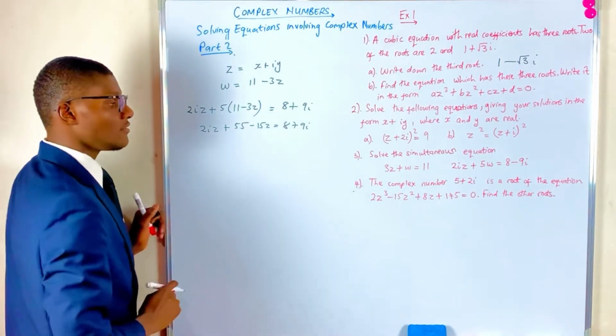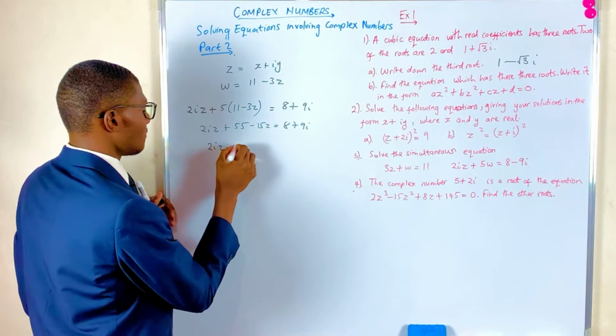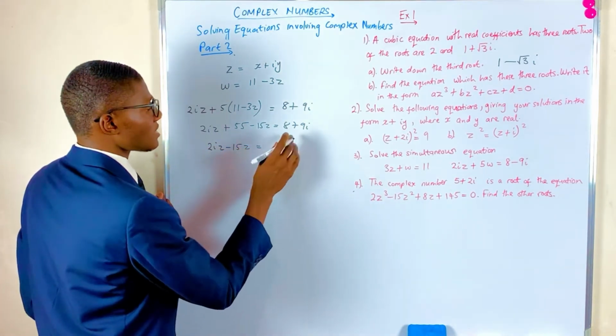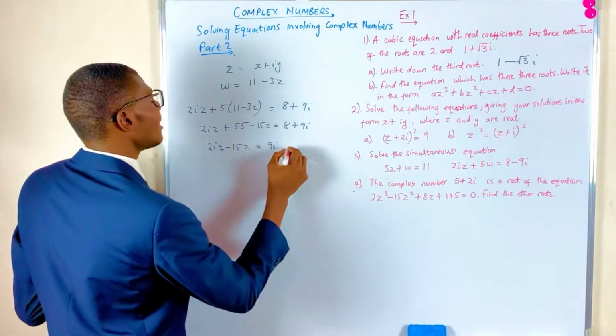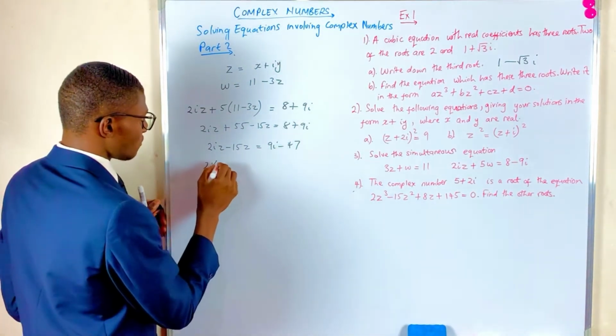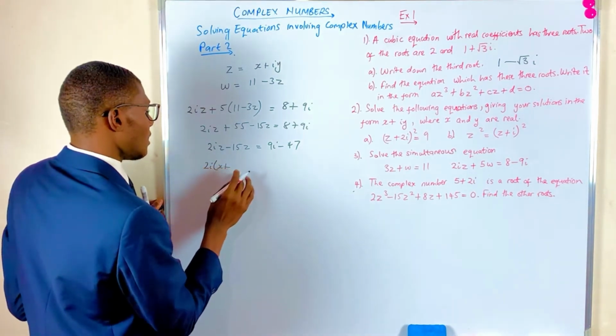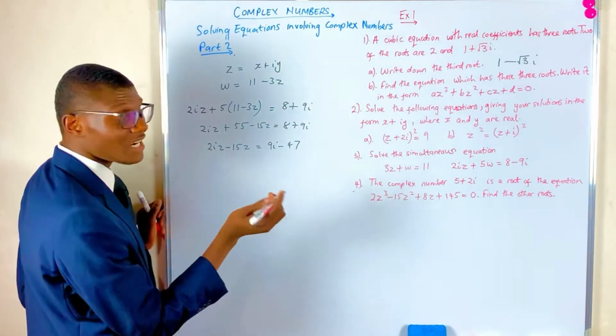And if we take 55 aside, we remain with 2iz minus 15z to give us 9i, and then 8 minus 55, that's minus 47, right? And then if we were to substitute for z by x plus iy, or one could even do, we could even factor out z, yeah?